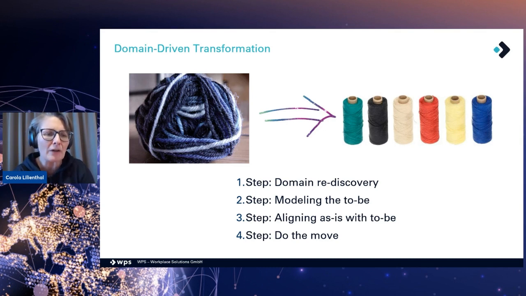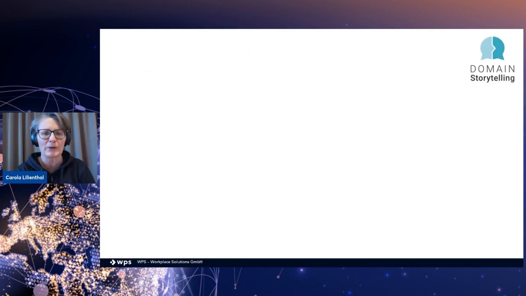What did we do? How did we start? Well, step 1, domain rediscovery. This was the starting point. The first step of the domain rediscovery is tackled in a workshop with the development team and important key users. So this is actually the important point. You need some key users, some people who really understand the domain.